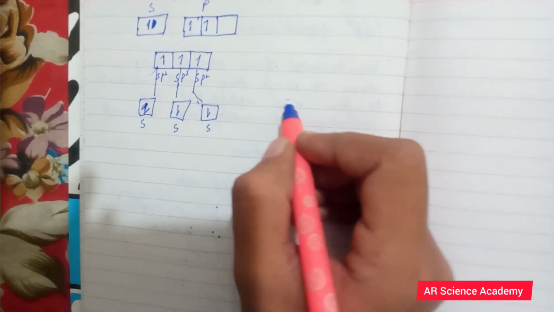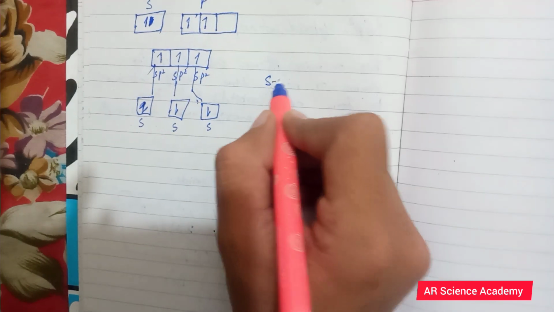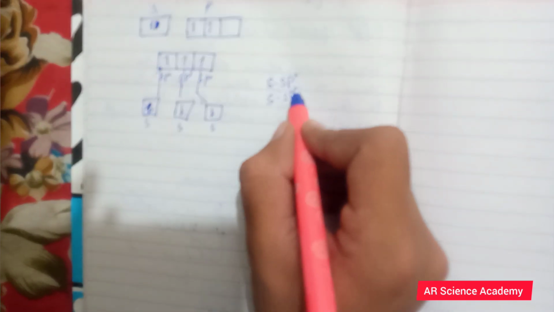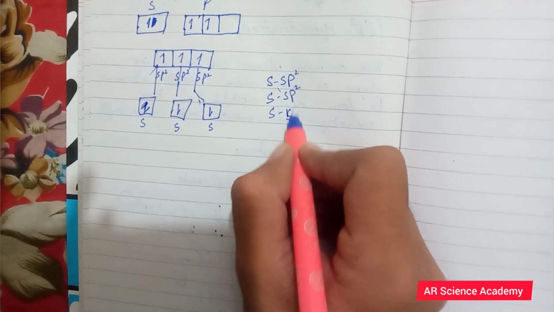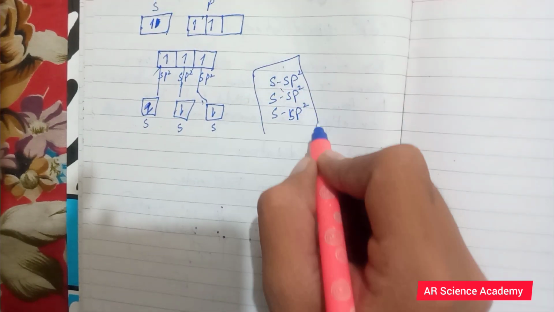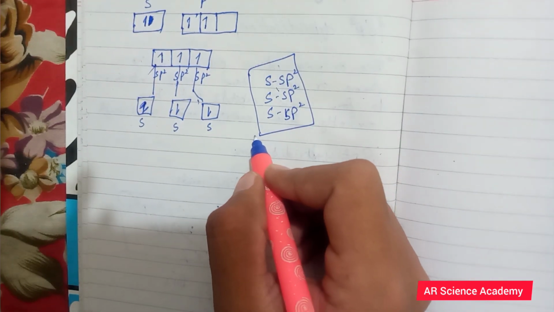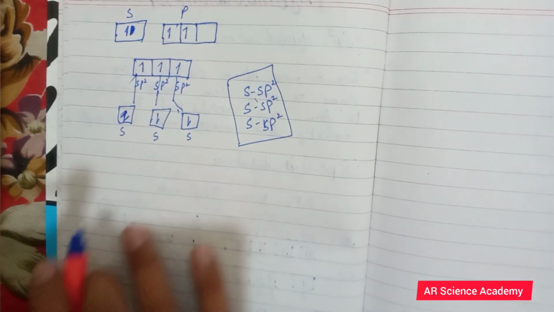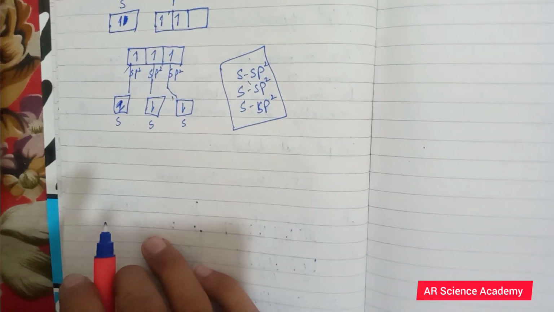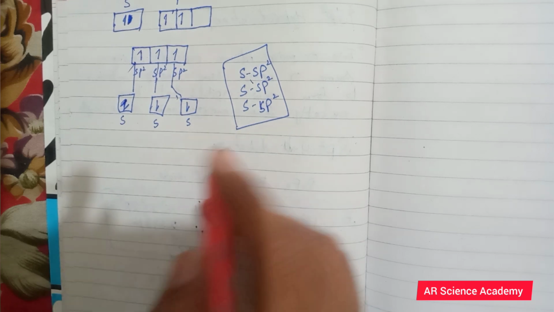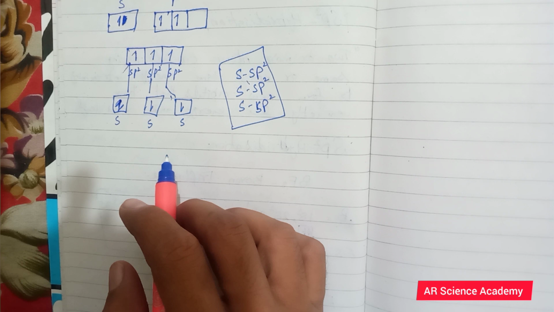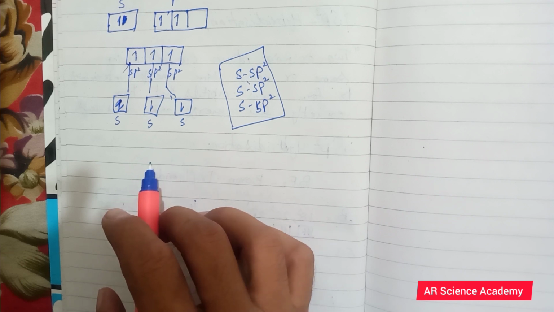We can conclude that the bonds will be s-sp2, s-sp2 and s-sp2. These bonds are the same, having the same bond length and energy. So the hybridization concept is cleared from this example of BF3. BF3 follows sp2 hybridization. This is the example of sp2 hybridization, boron trifluoride.